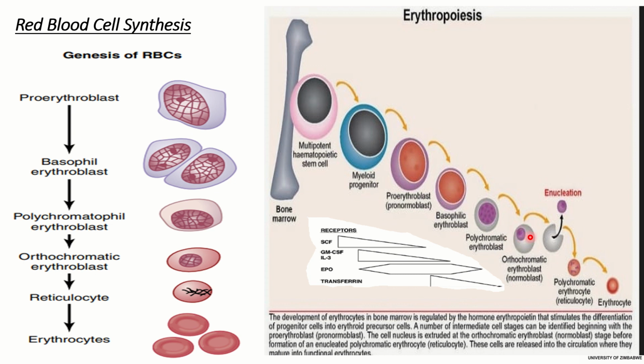When it reaches this stage, this orthochromatic erythroblast undergoes enucleation, which is the removal of the nucleus, right? After this removal of the nucleus and the endoplasmic reticulum, we then form a structure called a reticulocyte.